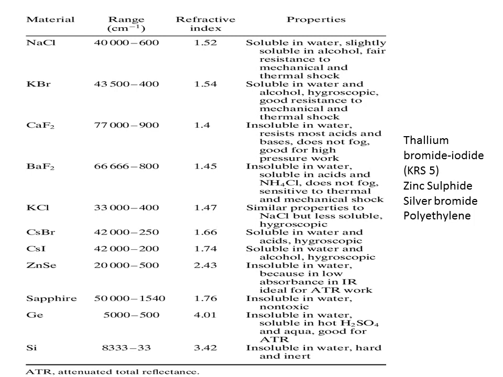If you are using it in a transmission mode, then those salts with a low refractive index will be suitable. But when you go with the reflectance technique, you have to use a substance with a high refractive index like germanium, or sometimes even diamond is used, or silicon or zinc selenide.